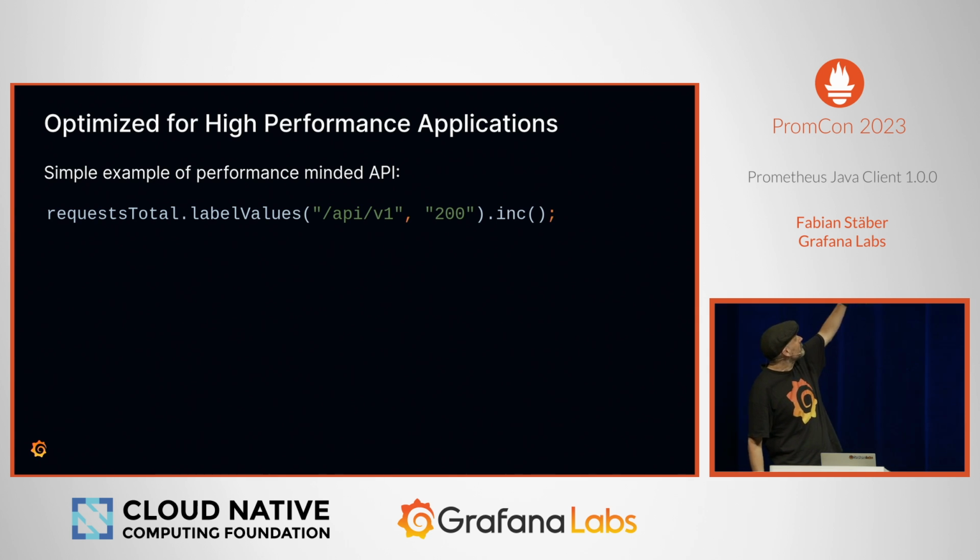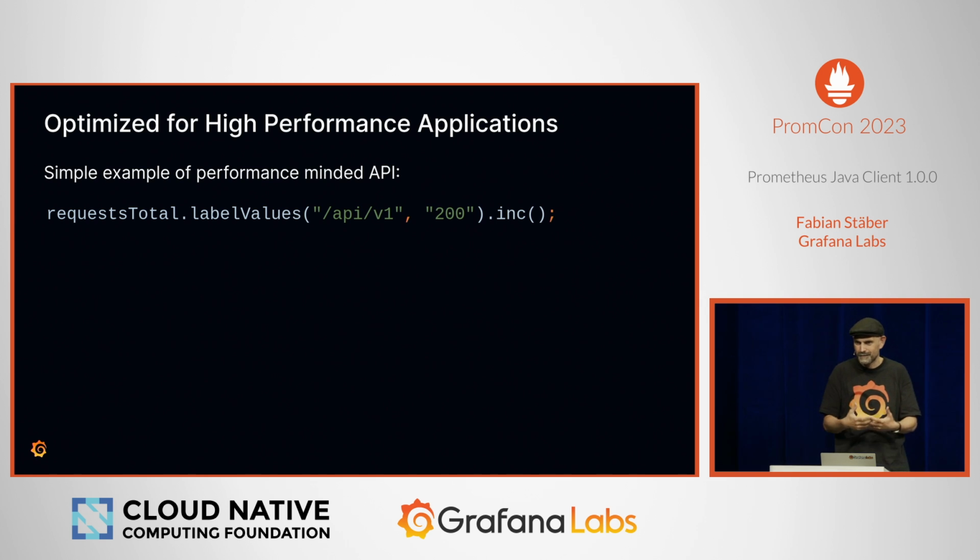So what you see here is how you would increment a counter, right? You have a counter, say I have label values, some path and some status code, and I increment it. And the tiny trick here is that looking up the label values and incrementing the actual counter are two independent operations. So if you have a really high-performance web service that you're trying to squeeze the last bit of performance out of, you can separate those two calls, right?